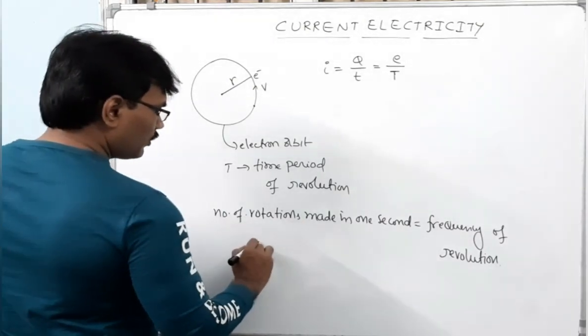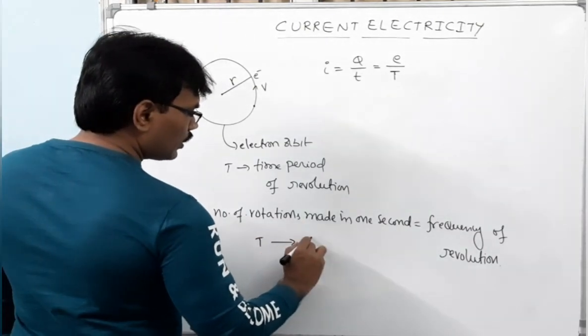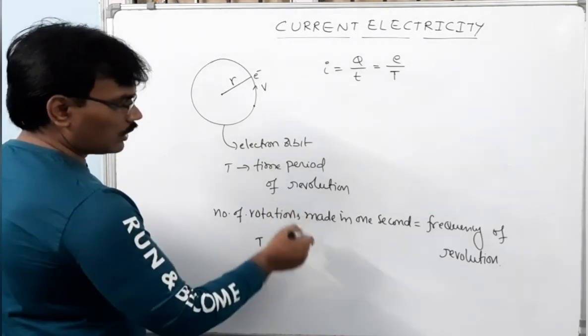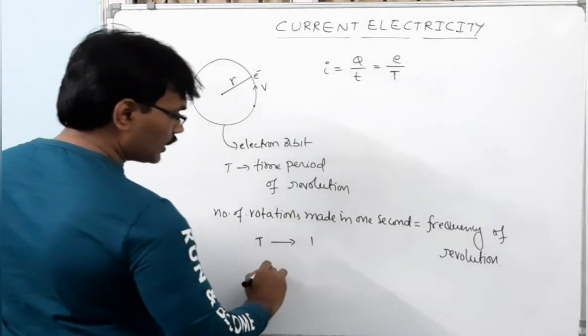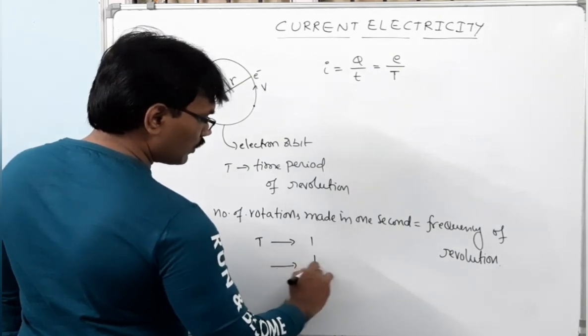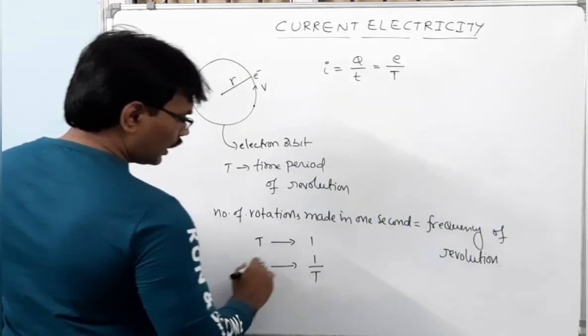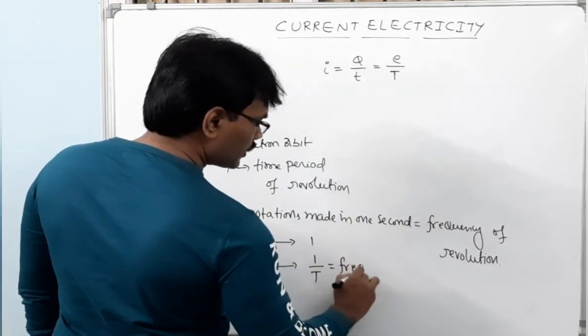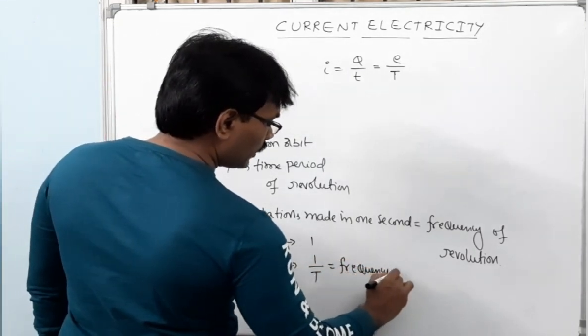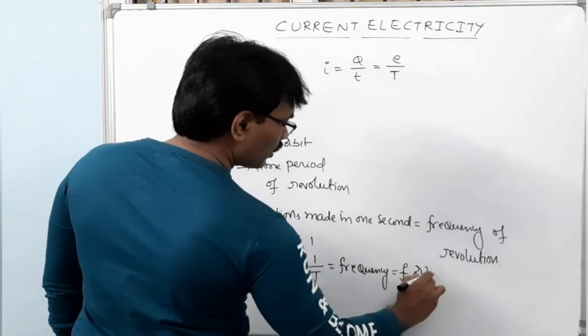Remember, T amount of time is taken to complete one rotation. Then how many rotations are made in 1 second? Total number of rotations divided by total time is 1 by T, and that is nothing but the number of rotations made in 1 second. That is the frequency, denoted by the symbol f or nu.